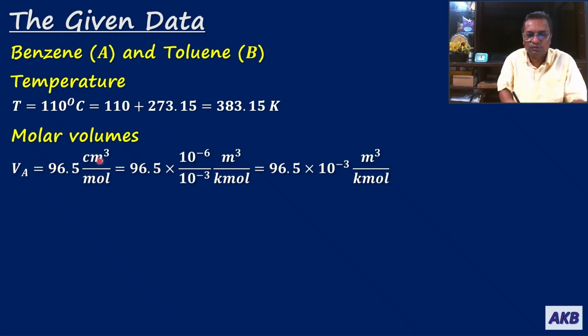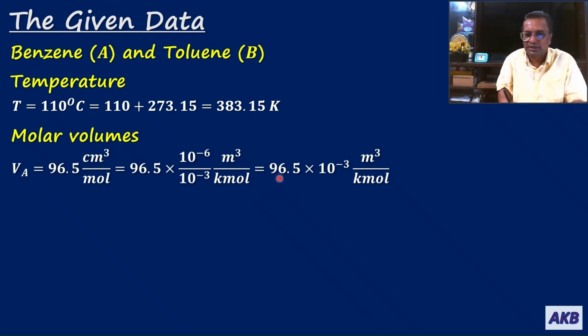And we will have to convert it to meter cube per kilomole. How will centimeter cube be converted to meter cube? By multiplying with 10 to the power minus 6, and gram mole or mole will be converted to kilomole by multiplying with 10 to the power minus 3. So it will be 96.5 into 10 to the power minus 6 divided by 10 to the power minus 3 meter cube per kilomole.